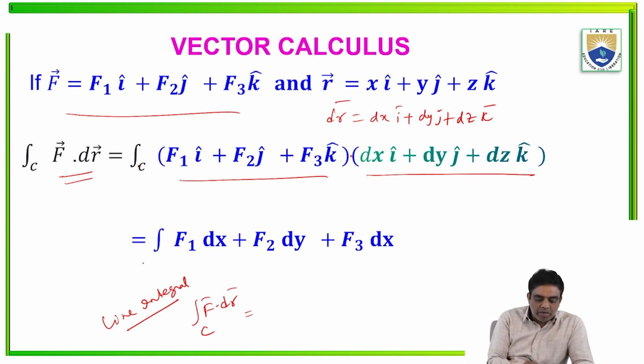On making the dot product, we get the integral along the curve C of f1 dx, first element, plus f2 dy, second element, plus f3, not dx, it is dz, f3 dz. So this is the line integral of f bar along the curve C.